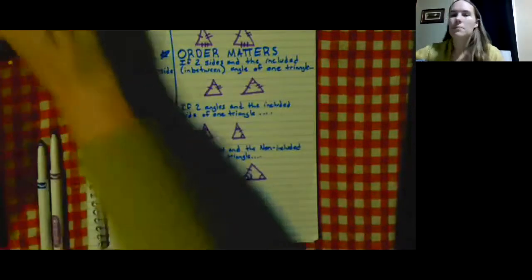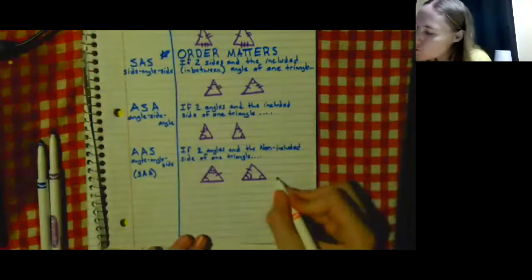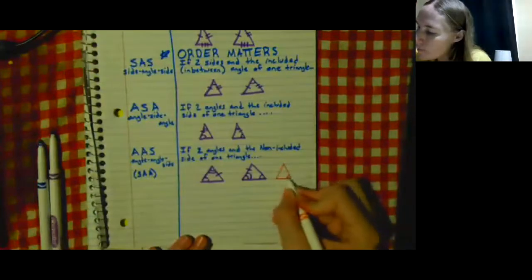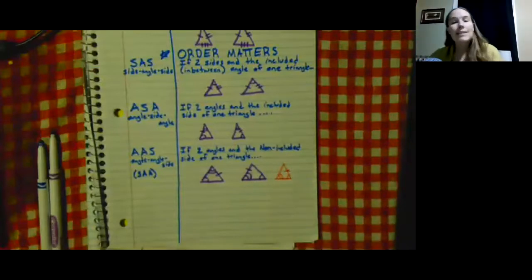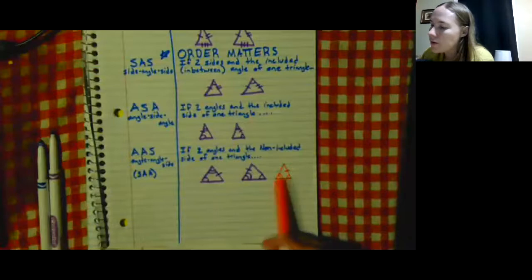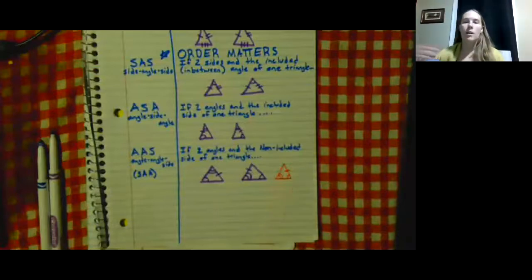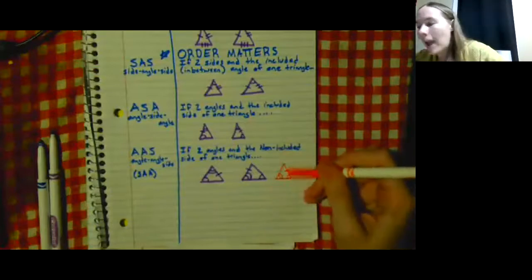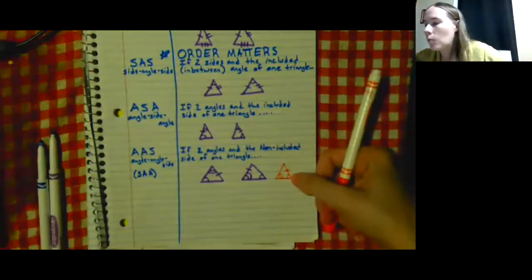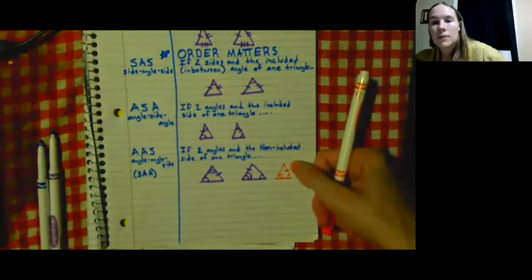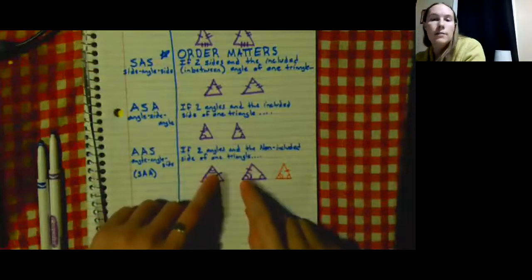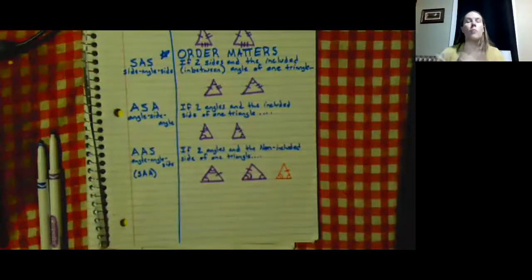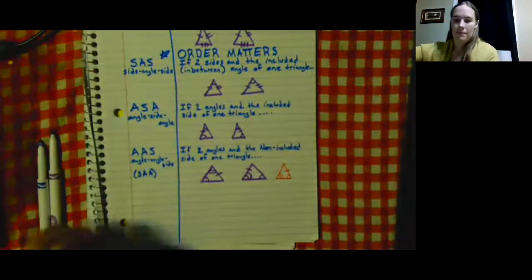Note, if I drew my triangle like this, this red one is going to be wrong. Yes, it has two angles and a tick mark, but the tick mark is located with this one little arc here. To be congruent, the tick mark has to be on the side with those two arcs. So you have to pay attention to where the tick marks are. And it's a lot of paying attention to detail.